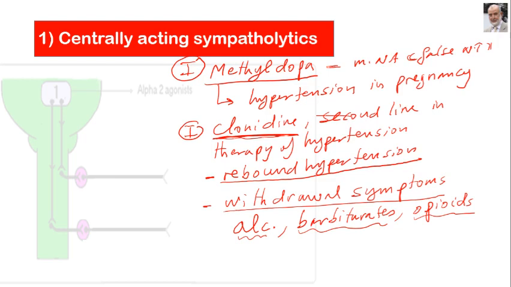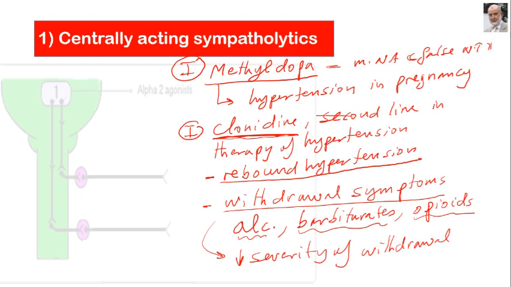Therefore, clonidine, by decreasing sympathetic activity, will decrease the severity of withdrawal symptoms like mydriasis, diarrhea, tremor, etc. So clonidine is given to decrease the severity of the withdrawal symptoms due to alcohol, barbiturates, and opioids. We'll discuss that in detail, inshallah, in the near future.